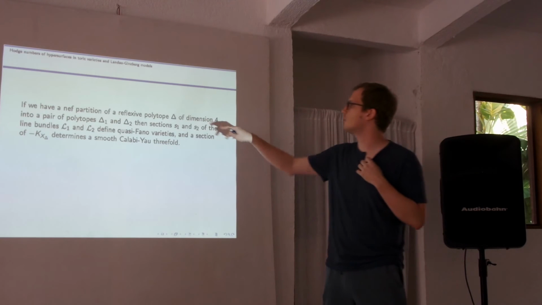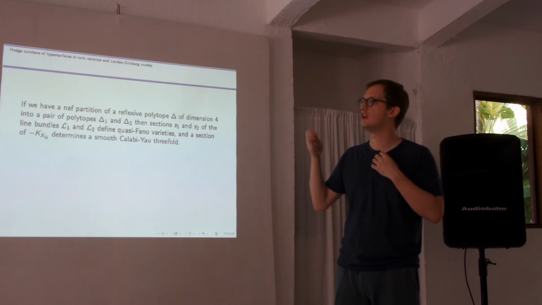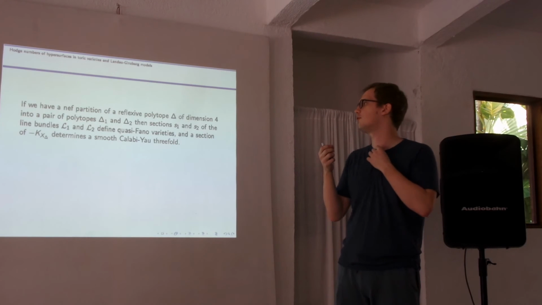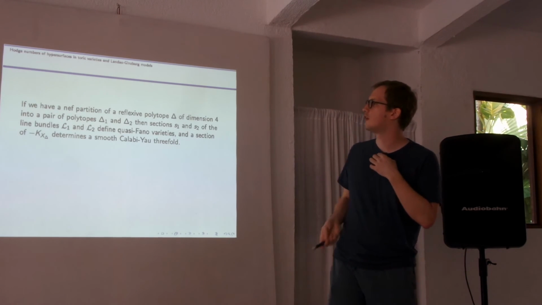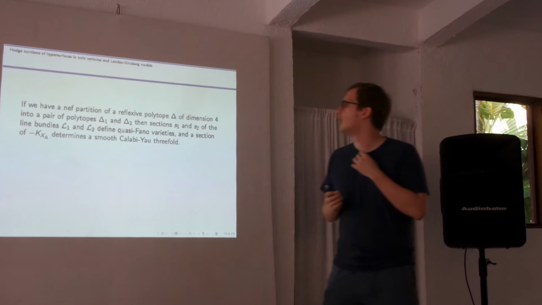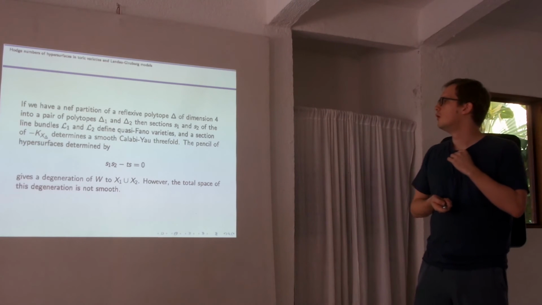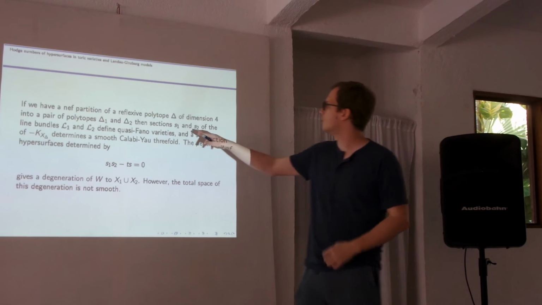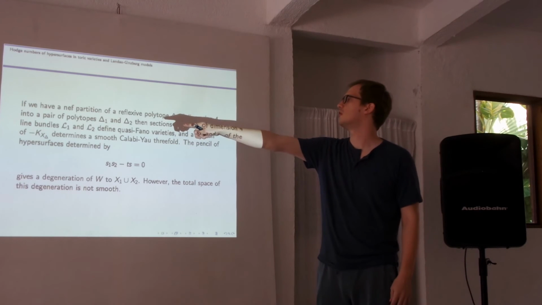Well, we're going to take S1 and S2 to be sections of the line bundles L1 and L2 as defined above. These are associated to pieces of our nef partition. By construction, L1 tensor L2 is equal to the anticanonical bundle of X delta.